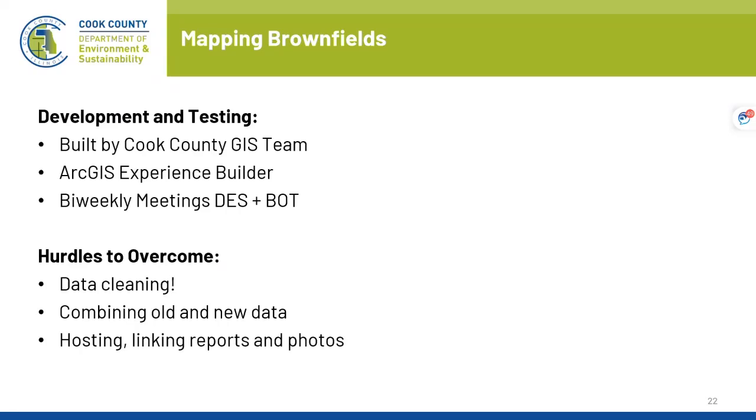I believe they used ArcGIS Experience Builder, and we played around with that to see how we wanted things to look and function. We held biweekly meetings to do a lot of testing and overcome obstacles like data cleaning, making sure it was in a usable format, combining old and new data, and then figuring out how to host all of the data and the clickable links that we want to present to the public.